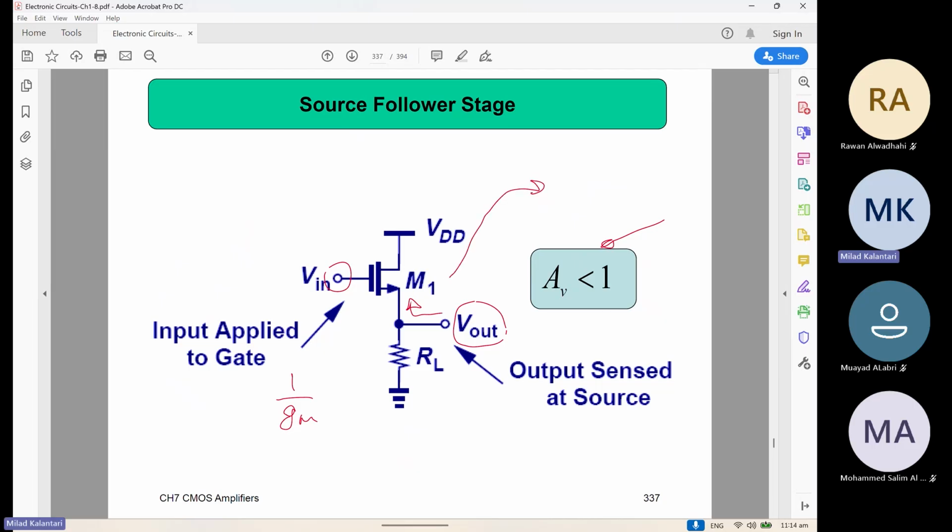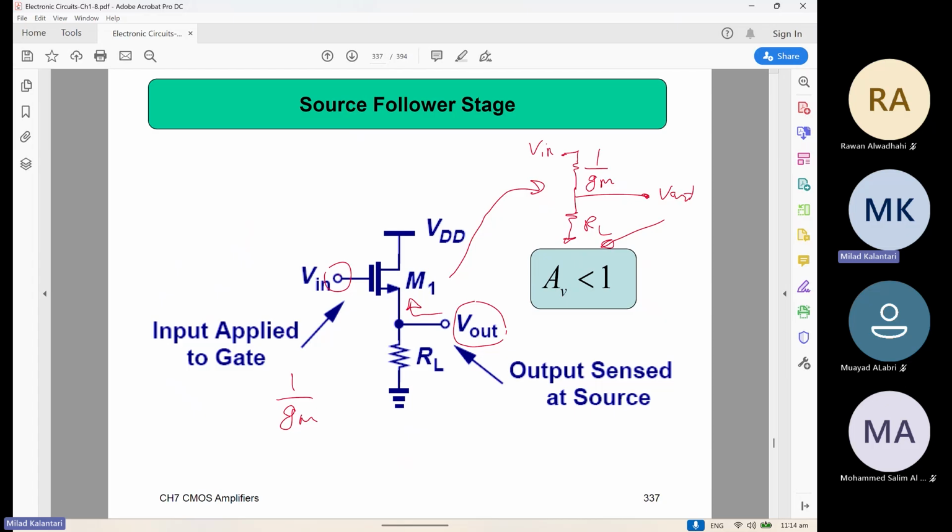And the gain is how much? Similar to the BJT, you can move the V in from the gate to the source, or from the base, if you remember, to the emitter. So we move the V in to the source. From the source, we have this 1 over GM, and then we have this RL, and here is the V out.